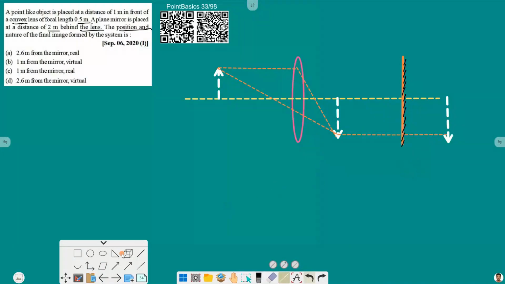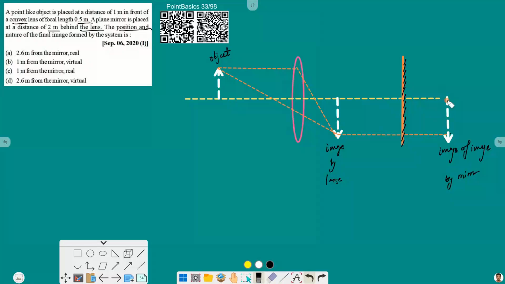Now this was the actual object. This was the image by the lens. Now this is the image of the image by the mirror. This is the image of the image which is produced by the lens.